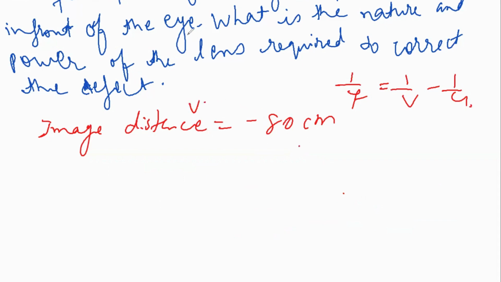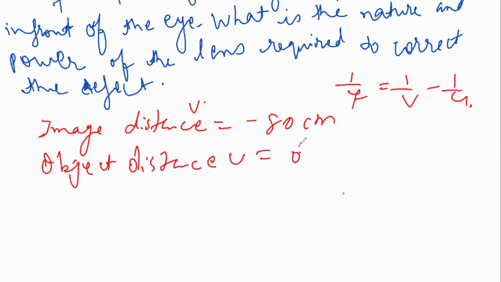And here the object distance is very far away. Suppose you want to see your bed from your dining room, the distance is too far. So the object distance u is at infinity, and 1 upon infinity means zero.